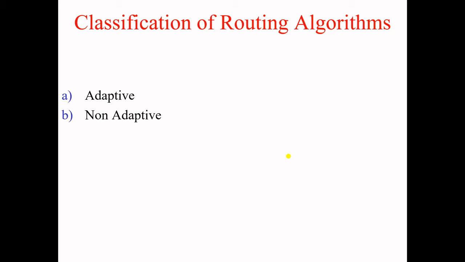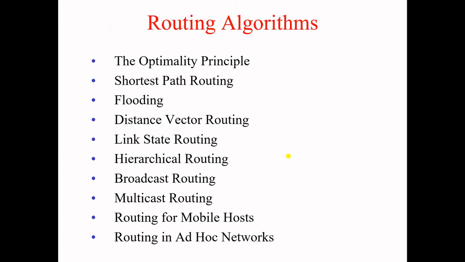Non-adaptive algorithms do not take into consideration the current traffic and the current topology. So this is the basic difference between adaptive and non-adaptive algorithms. Now, there are many routing algorithms listed here.